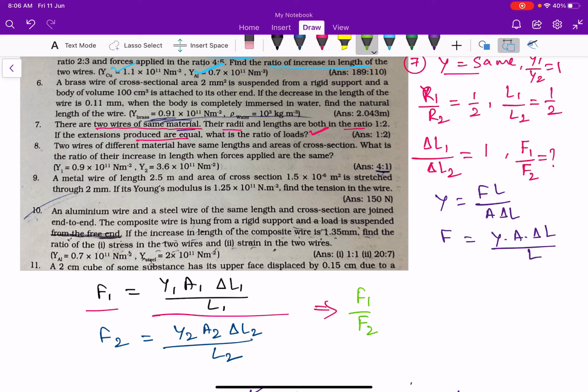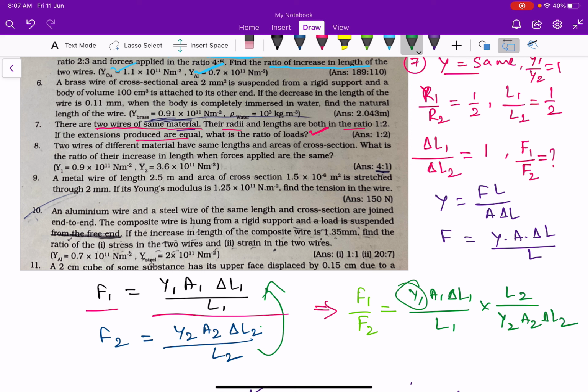F1 by F2 is equal to Y1 A1 delta L1 by L1 into, this will come to the numerator, L2, divided by, this will be in the denominator, Y2 A2 delta L2. We know the ratio of Y1 to Y2, A1 to A2 is also known, the ratio of delta L1 to delta L2 is known, and the ratio of L1 to L2 is also known. So you can find out the answer for the F1 to F2 ratio.